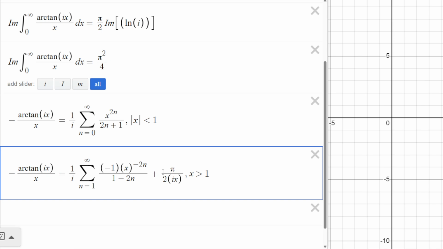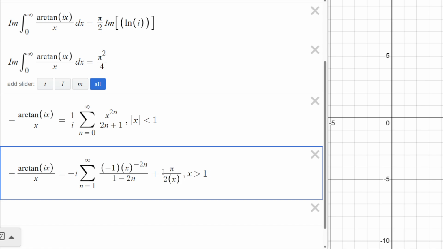Now let's clean this up a little bit. Let's multiply. Well, 1 over i, what's 1 over i? That's negative i, right?